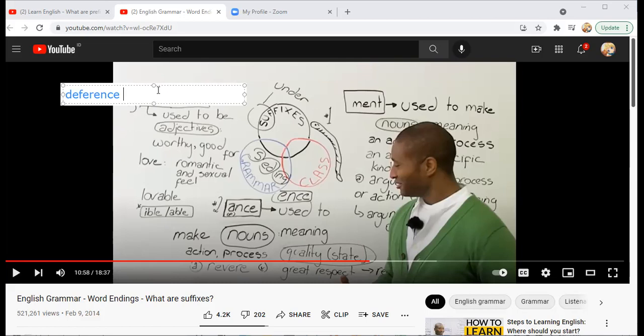But I don't think it has a different meaning from reverence, but I do think that it has a little bit of a different vibe.